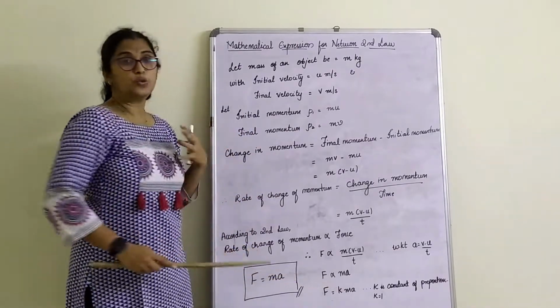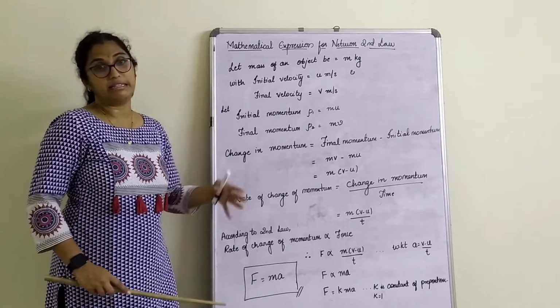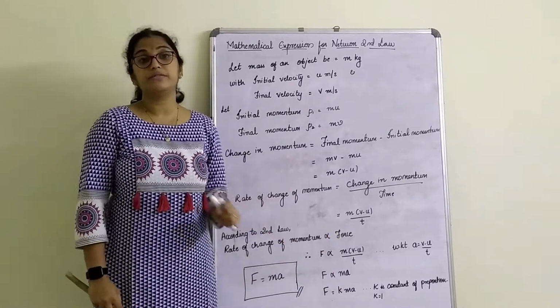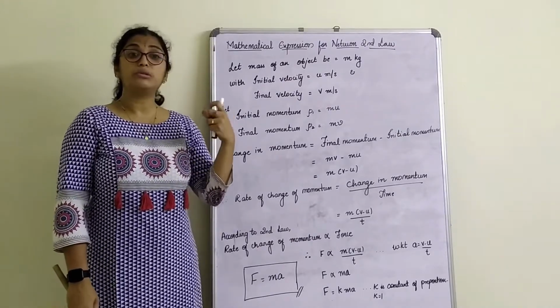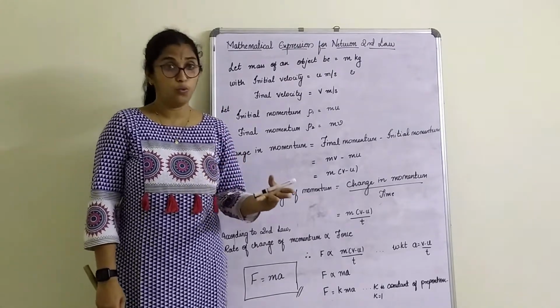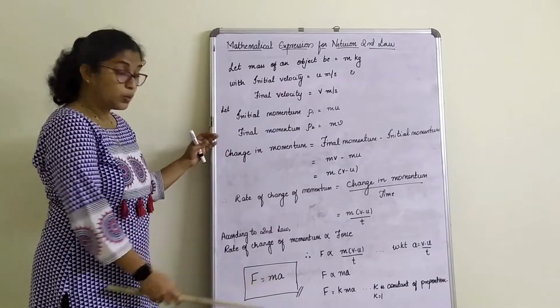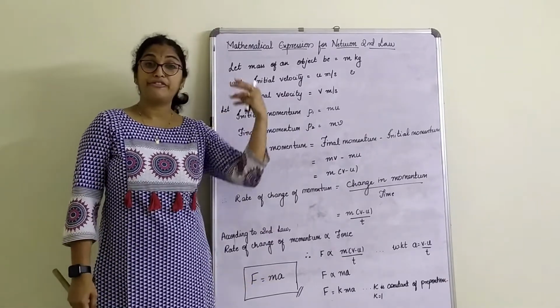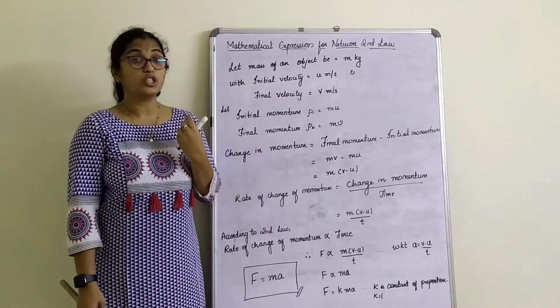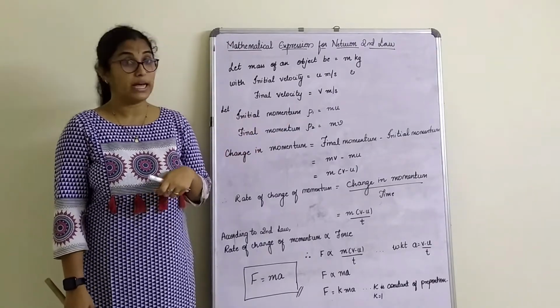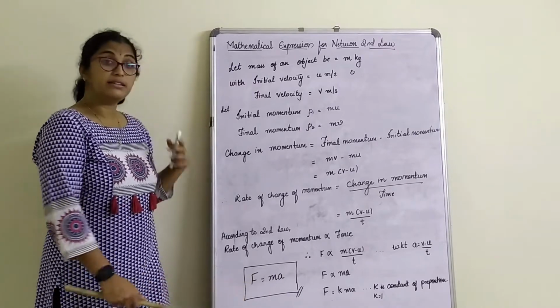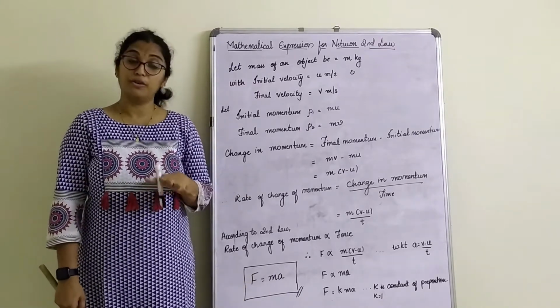So we usually choose some common alphabets in the derivation. So we have used k here, where k is the constant of proportionality whose value is assumed to be 1. Therefore, F is equal to ma. This is what we first derived when we understood that force is also defined as a product of mass into acceleration. So this is the derivation for the second law of motion.